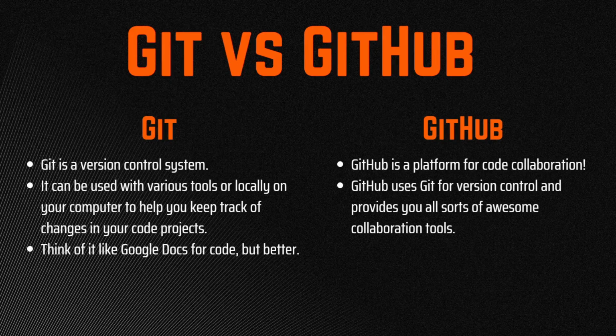So it helps a lot in terms of using Git, because otherwise you would need to set up a server to host your repositories. So GitHub is pretty straightforward. It's the most used Git provider out there. So yeah, that's the difference.